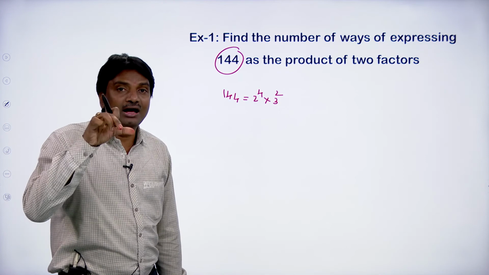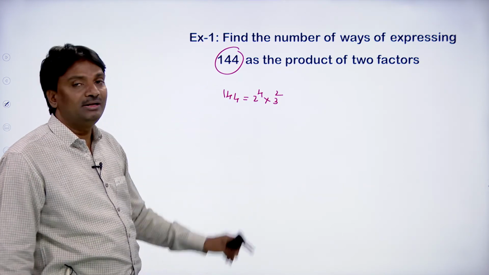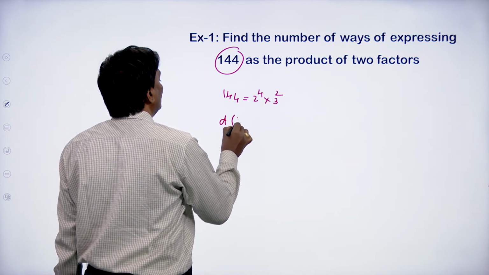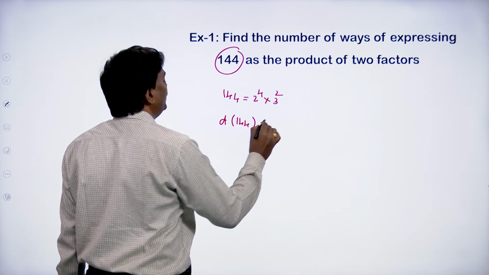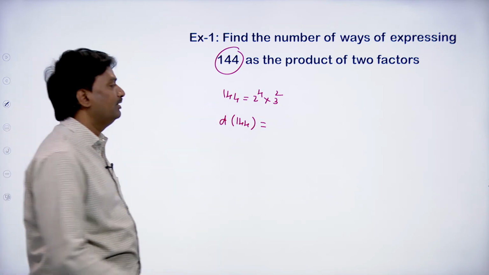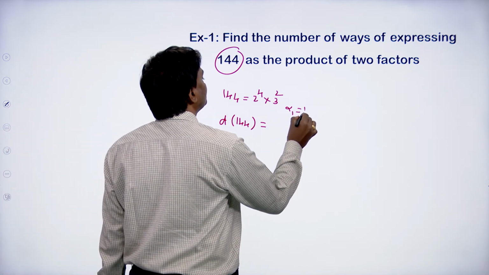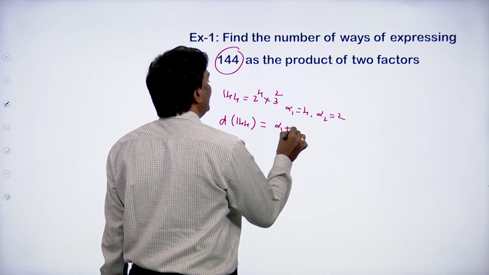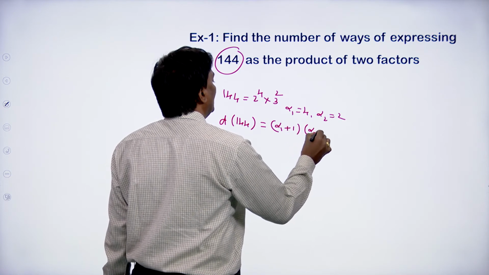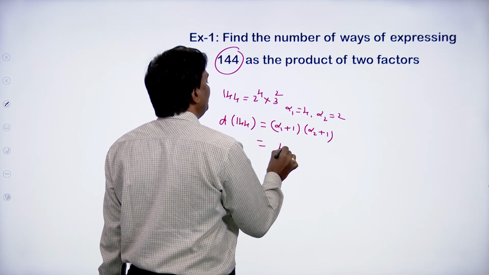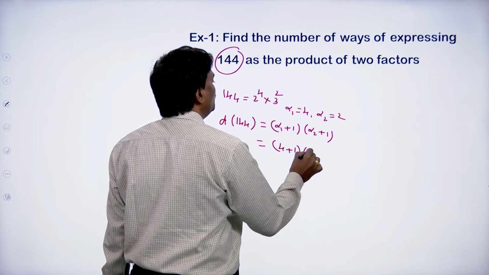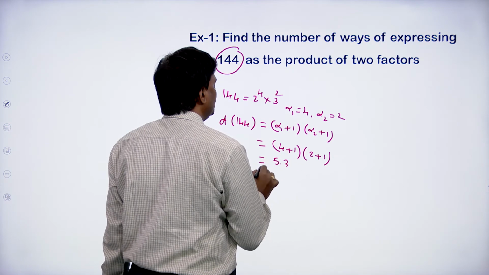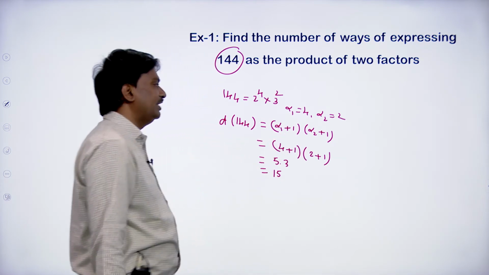First let us find d(n). d(n) is nothing but the number of divisors of n, and n is 144. So d(144) equals (alpha 1 plus 1) into (alpha 2 plus 1), where alpha 1 equals 4 and alpha 2 equals 2. That is (4 plus 1) into (2 plus 1); 4 plus 1 is 5, 2 plus 1 is 3, and 5 threes are 15.